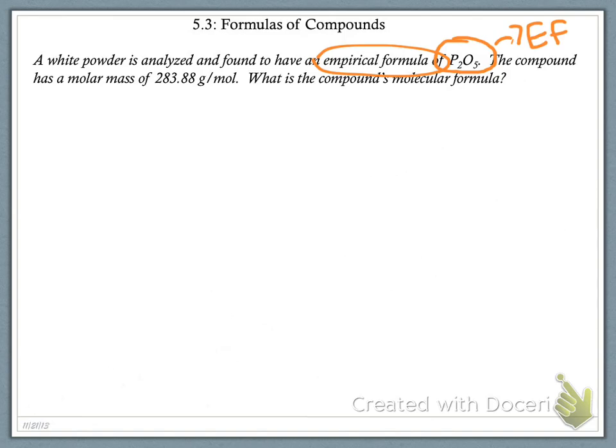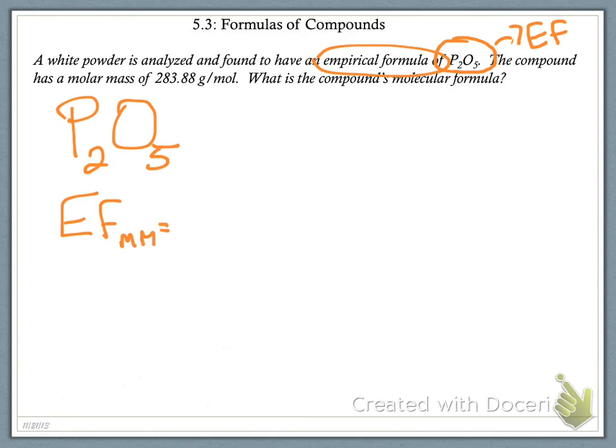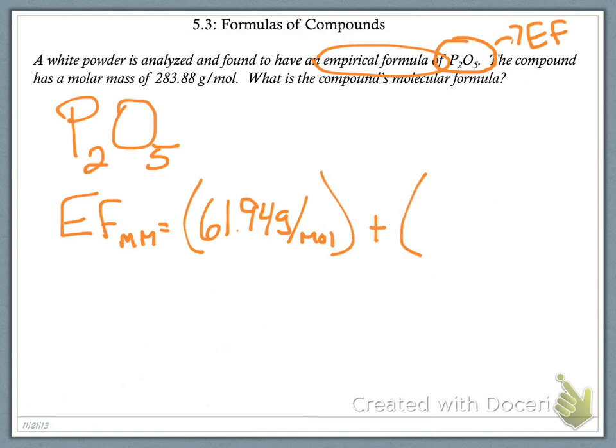So what we've got to do is figure out, well, P2O5, what's the molar mass of that? We're going to call that the empirical formula molar mass. So the empirical formula MM equals the molar mass of phosphorus times 2, which is going to be 61.94 grams per mole, plus the molar mass of oxygen, 16 times 5, and that's 80 grams per mole.